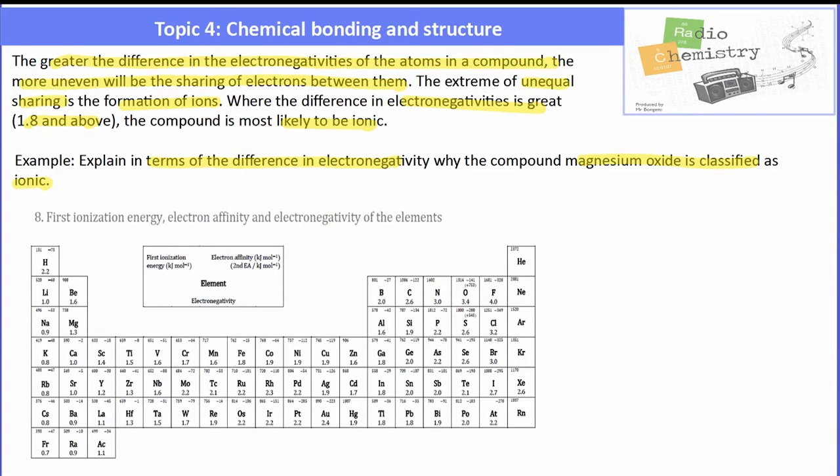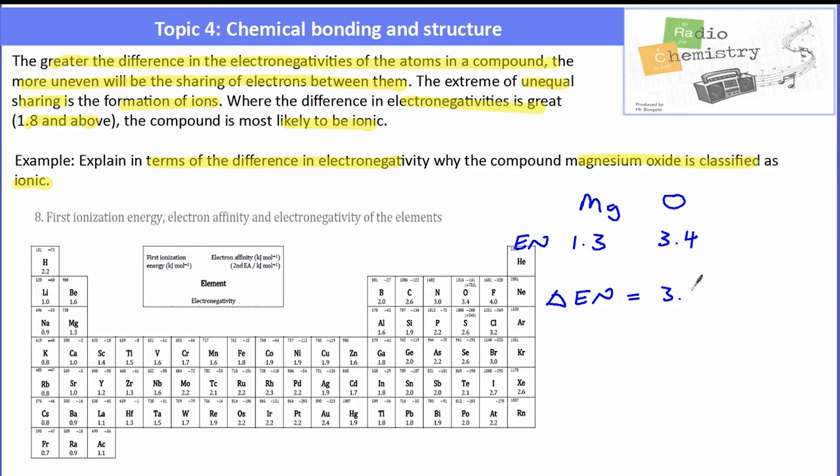So if we have magnesium oxide, we can state that that is ionic by looking at the electronegativities. The electronegativity of magnesium is 1.3. The electronegativity of oxygen is 3.4.